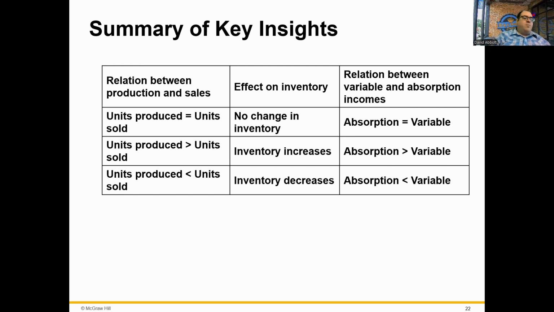It's because they had already produced the units, but they hadn't sold them in year one. Now, when units produced are less than what is sold, as in year two of Harvey, the absorption costing net operating income is less than the variable costing net income.